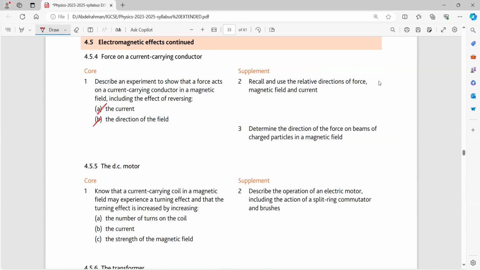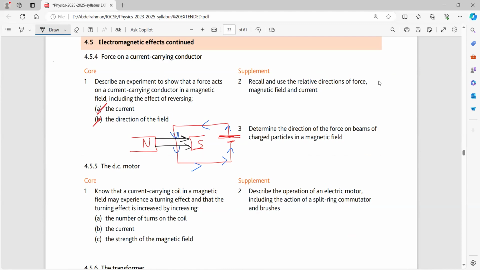If I have a simple motor, with a north end and a south end, and then I have a wire connected to a battery. This wire has a current moving this way. This is the current inside the wire. And then I have the magnetic field, north to south.